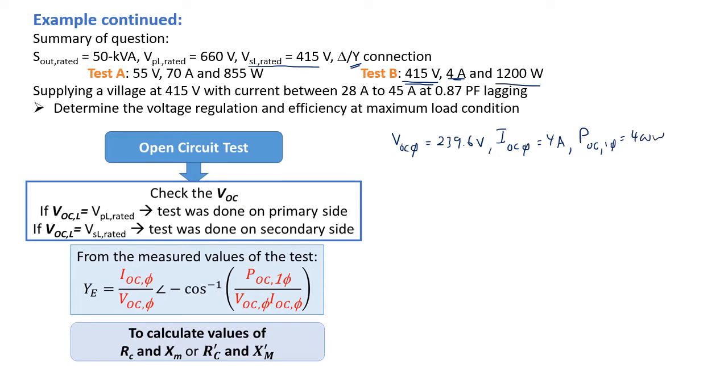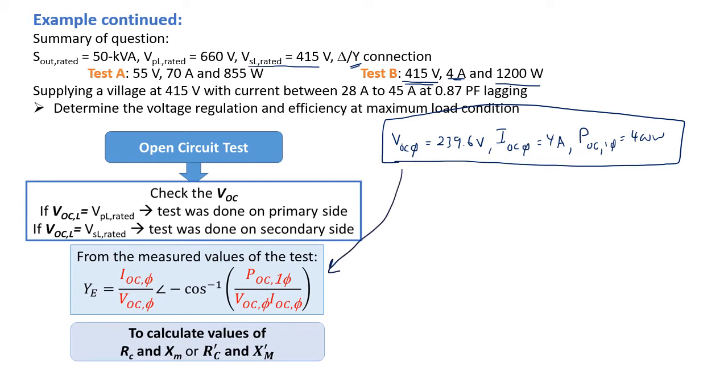From the 3-phase power, we divide by 3. Now that we have all these values for VOC phase, IOC phase, and power single phase, we can substitute into this formula to find YE.